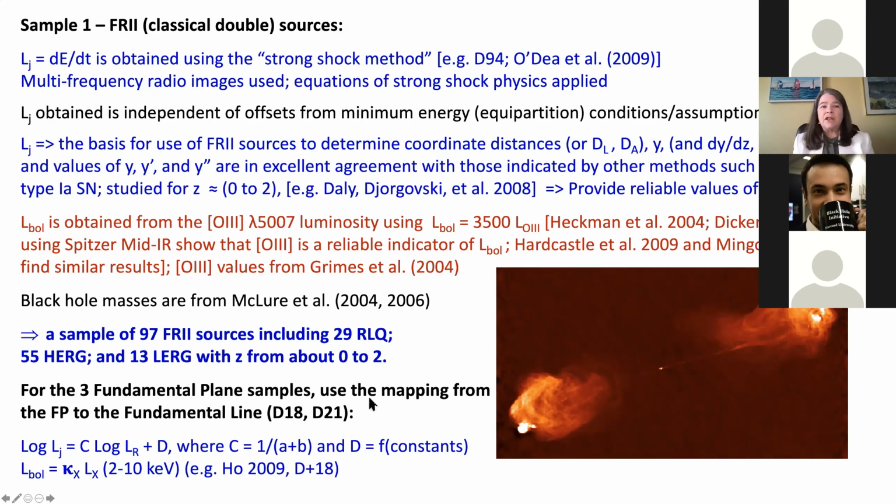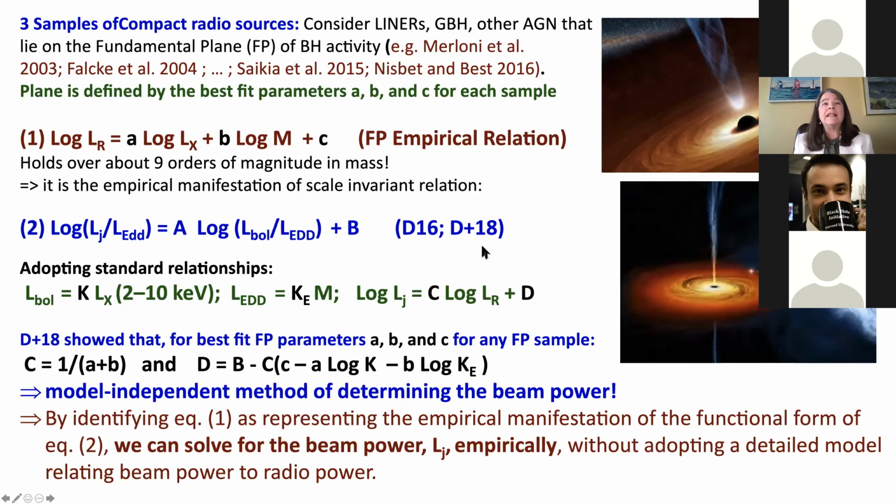So in addition, I have developed a new method of using the fundamental plane of black hole activity to obtain the beam power. And that is illustrated here. And I applied that to 3 samples of compact radio sources. So the fundamental plane for black hole activity is a relationship between the compact radio luminosity of the source.